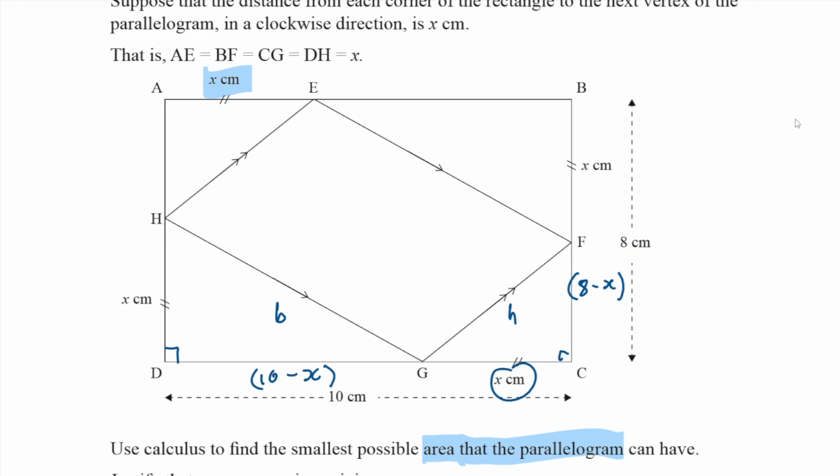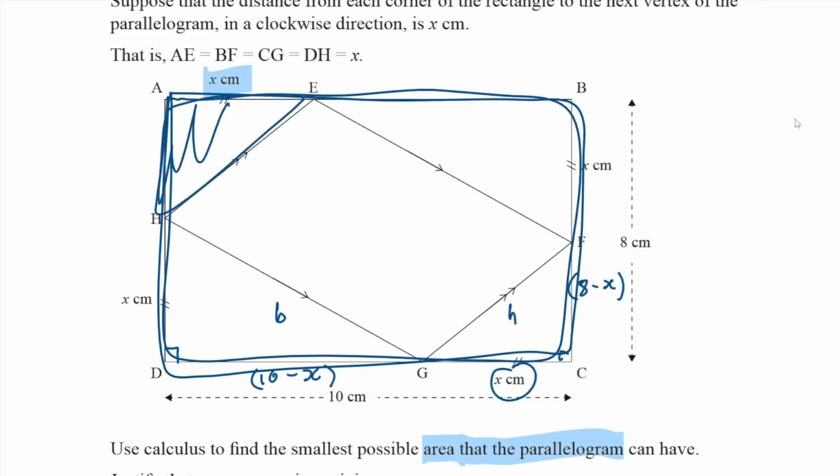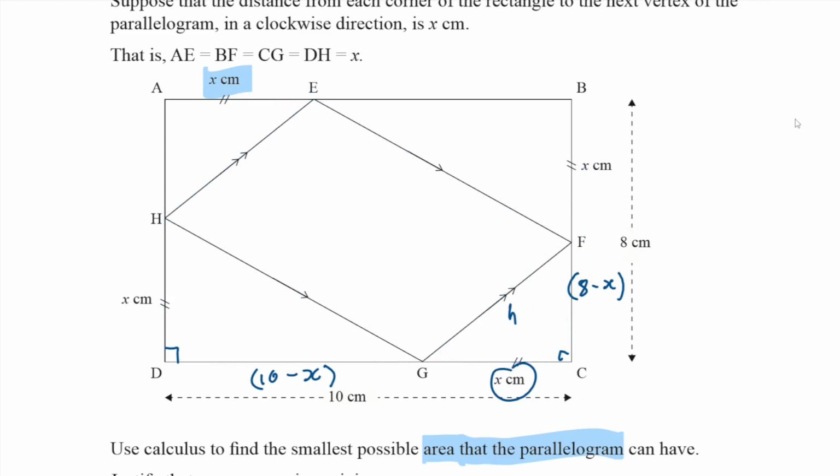That looks a bit messy to me. I think I would rather use the area of the rectangle minus the area of the triangles, and then we're left with the parallelogram. Again, both would work.